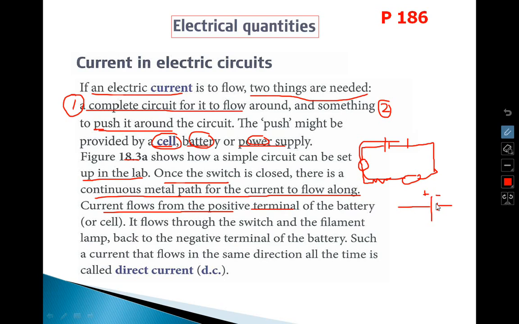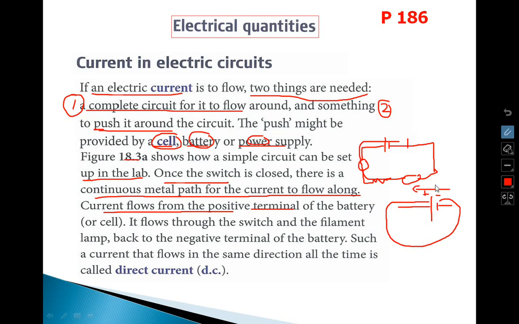Always, the long line is positive and the short one is negative. So it will start moving from the positive and then return to the negative part.